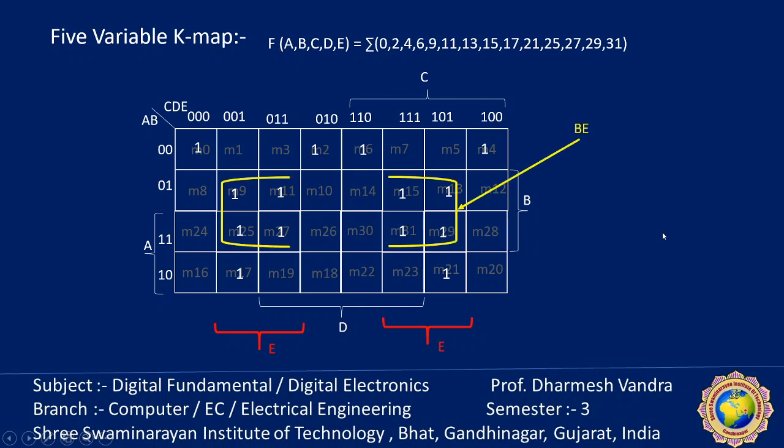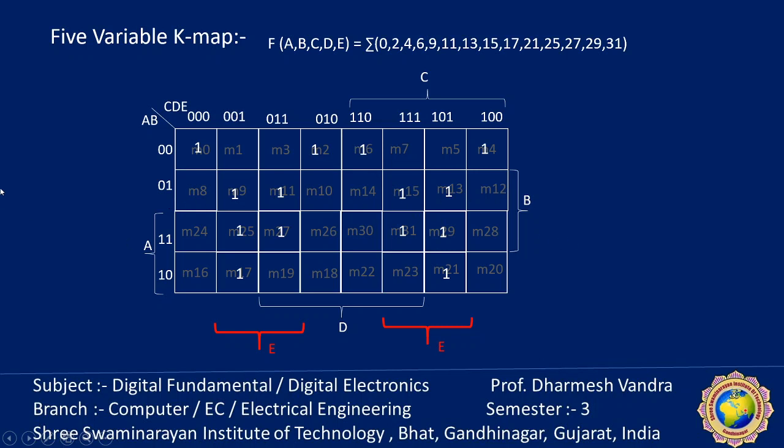First we try: is it possible that all 16 or 32 combinations are there? No. 32 adjacent cells are not physically here, but we can see that 8 is possible: these 4 and these 4. Which thing is common?